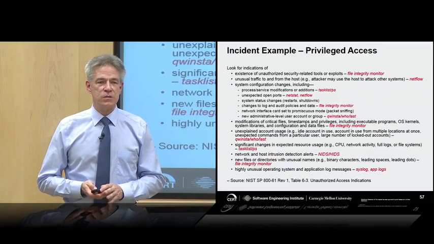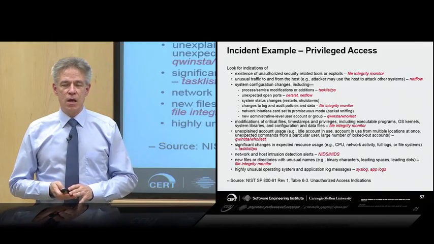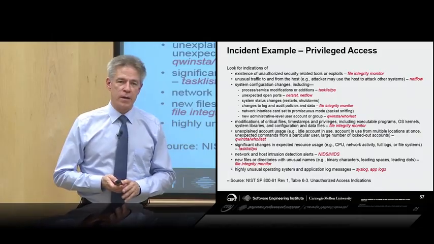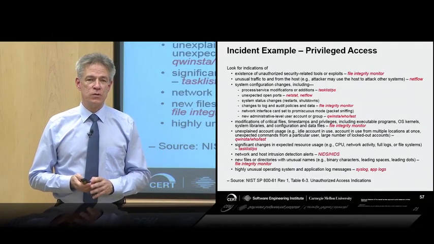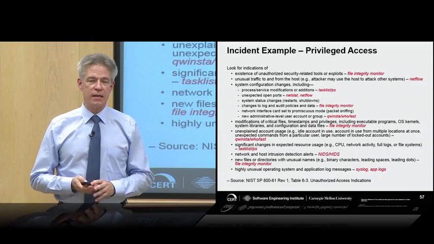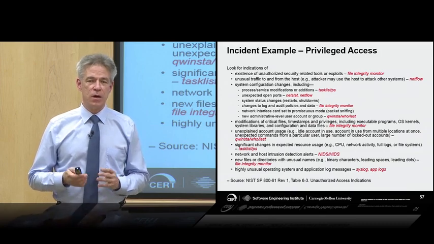There may also be other log information or operating system events recorded in either application or system logs that can also give you indicators that privilege compromise has occurred on the system you're looking at.